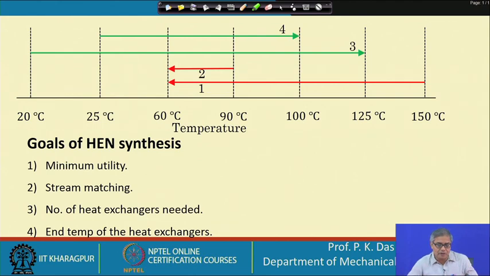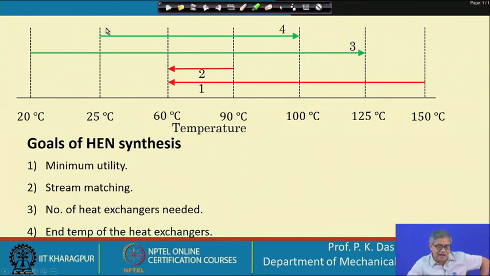In this slide, this side is the hot end. One hot stream, denoted 1, goes from 150 degrees Celsius to 60 degrees Celsius, and the second hot stream goes from 90 degrees Celsius to 60 degrees Celsius. One cold stream starts at 20 degrees Celsius and goes to 125 degrees Celsius.